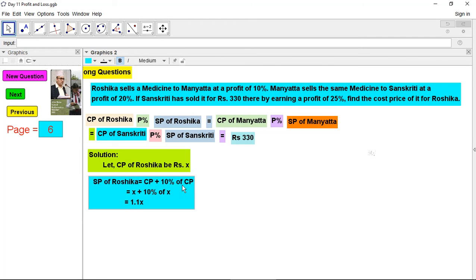CP is X, plus 10% of X. 10% of X is 0.1X. So after solving this, we will get 1.1X. Here I have jumped because this is a simple thing that everybody can do. Till now, do you have any question?